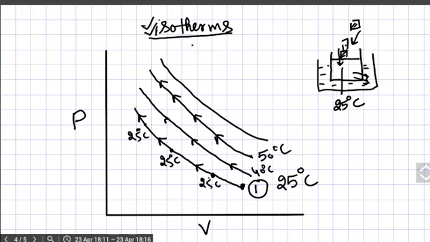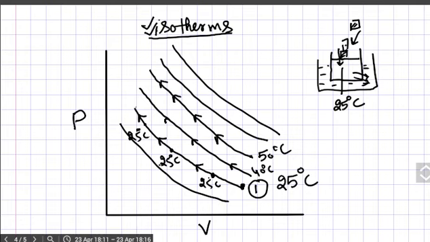Each temperature will represent its own path on PV diagrams, and these are called isotherms, and these isotherms will give you a kind of base to draw other paths. For example, the adiabatic path, it will give you some direction in which you should go.